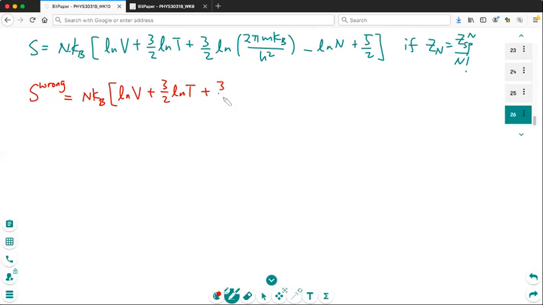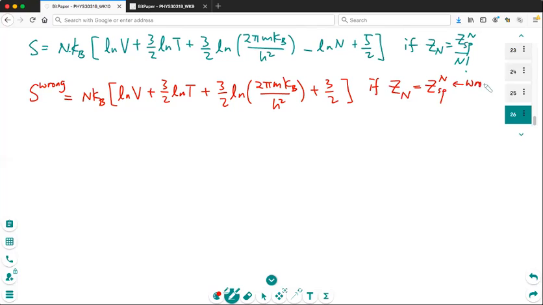You still get this log of 2 pi m kb. And you get a different constant if you use this, which is wrong for this, for gas.